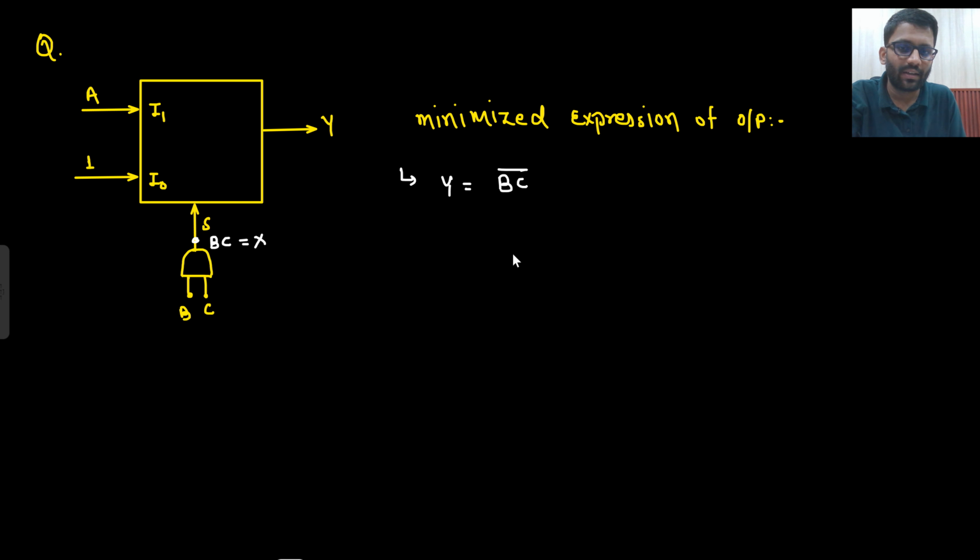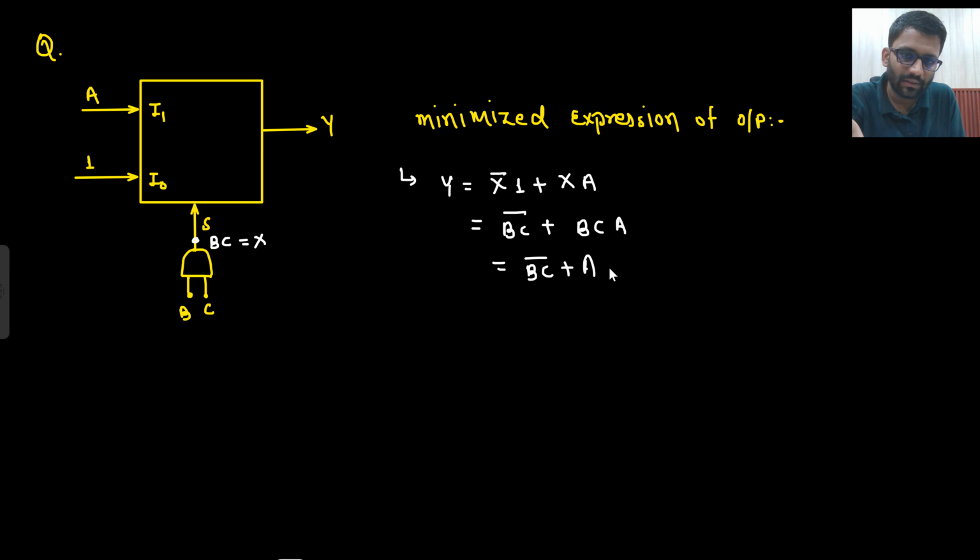If X is not there, my output will be I0, which is 1. If X is there, my output will be A. Or I can write BC bar into 1 plus BC into A. So X bar plus XA could be written as X bar plus A. So that is the minimized expression of Y.